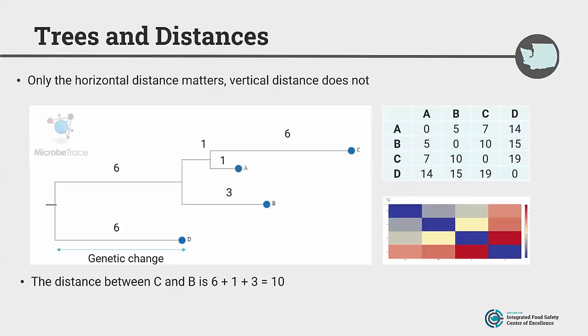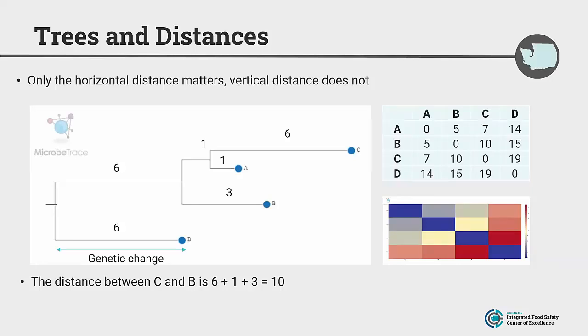And you may see, so we have our tree here, we have our distance matrix, which we talked about how those get calculated. You may also see down below the distance matrix what's called a heat map. And that's just a color-based way of representing your distance matrix. So you'll see across the diagonal there is all of our zeros from our distance matrix above.